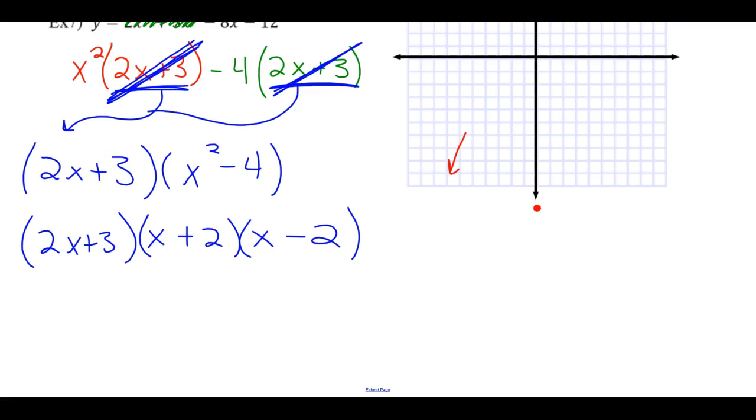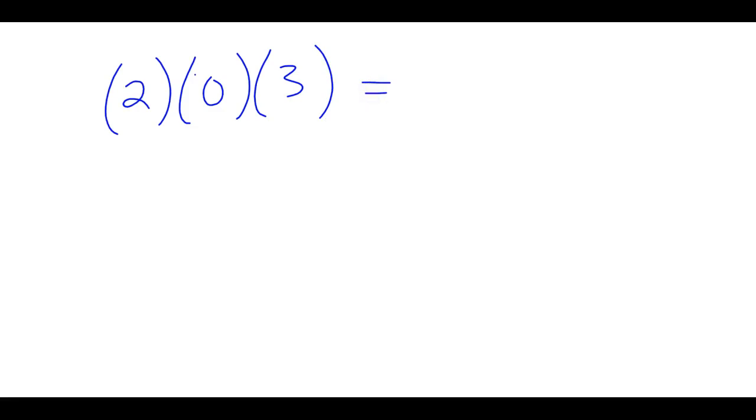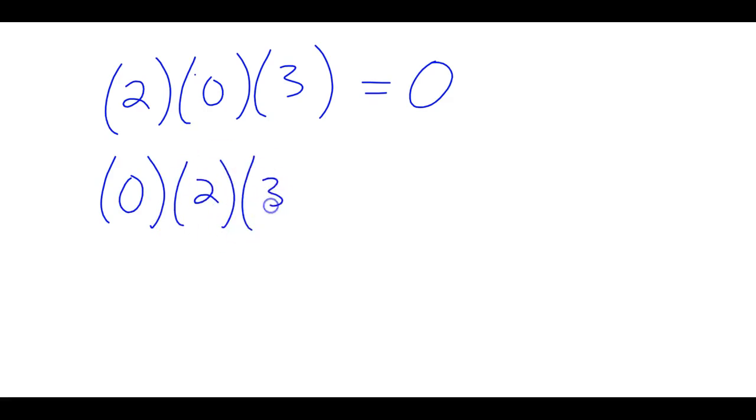Now that it's factored, we can find the x-intercepts. So the way we find the x-intercepts, you set the whole thing equal to 0. Now let me ask you this. What is 2 times 0 times 3? 0. What's 0 times 2 times 3? 0.